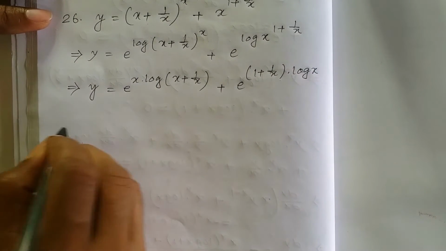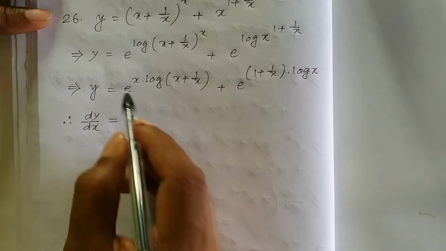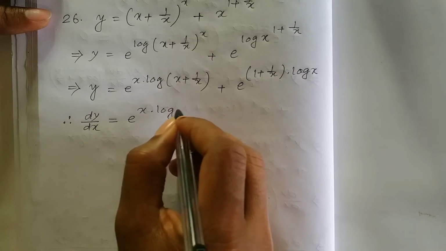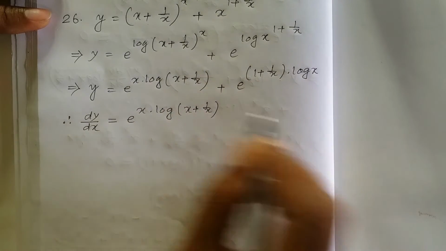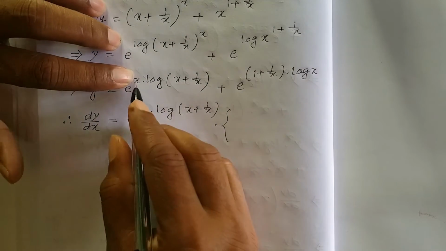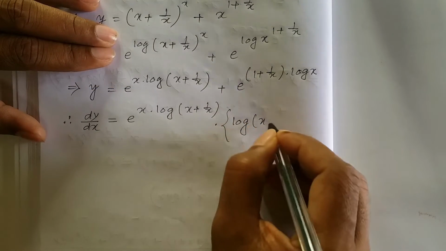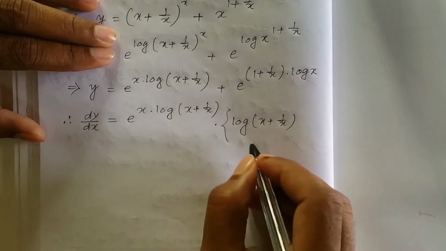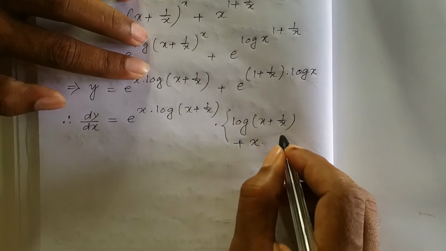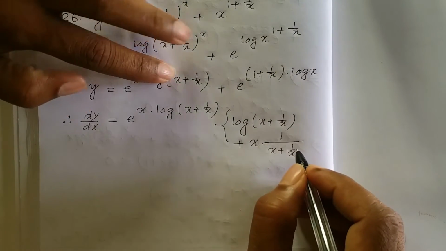Now we can differentiate. Therefore, explicit function, so directly write dy dx is equal to, then this function e to the power function, so remains same, e to the power x into log of x plus 1 by x is the derivative of e to the power into, then the derivative of the power, mean x derivative is 1, so we have only log of x plus 1 by x, then plus x remaining same into derivative of log, that is 1 by x plus 1 by x into again derivative of x plus 1 by x.